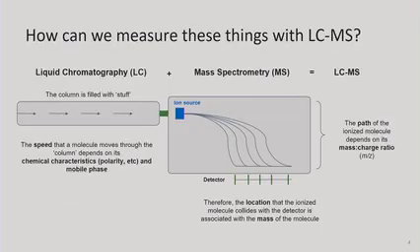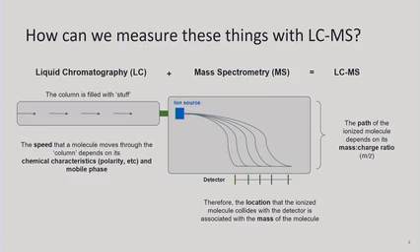So how do we measure these things using LC-MS? LC is liquid chromatography. This is a very common analytical chemistry approach to separate compounds by using a mobile phase.